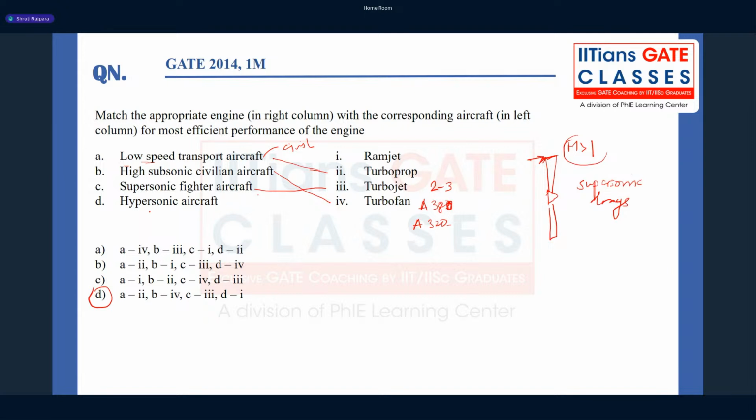So it will be most efficient. And for hypersonic aircrafts, ramjets can be used, because ramjets are the most efficient when it comes to speeds greater than Mach 2. It basically starts its operation at Mach number greater than 2.